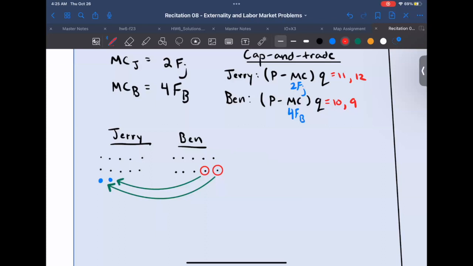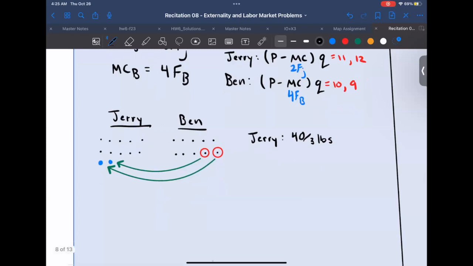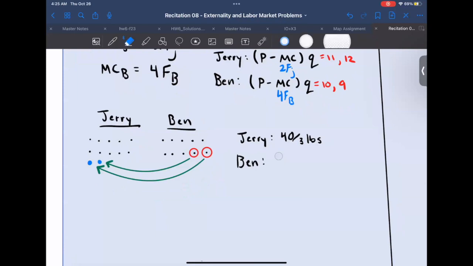So this process is just going to keep repeating itself until Jerry has enough permits to catch 40 over 3 pounds of fish, and Ben trades his permits away to where he only catches 20/3 pounds of fish. And this is going to be the efficient outcome of 20 pounds of fish.